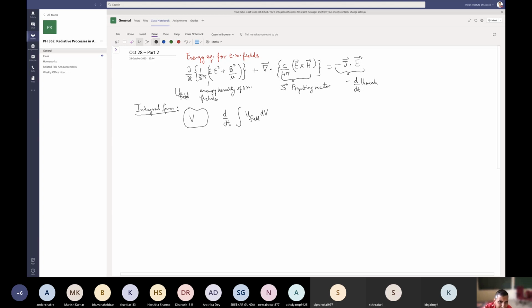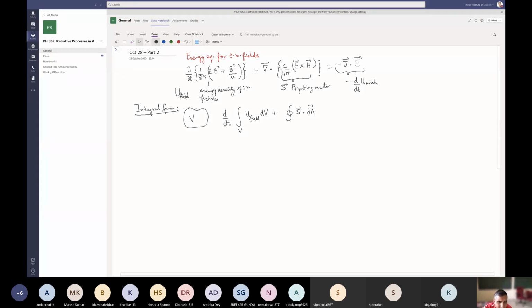So that's nothing but the integral of (1/8π)(εE² + B²/μ) dV over this whole volume, right? Plus, for the dV times del dot, we can always use Gauss's law. So this is S·dA, where dA is the area enclosing this volume.